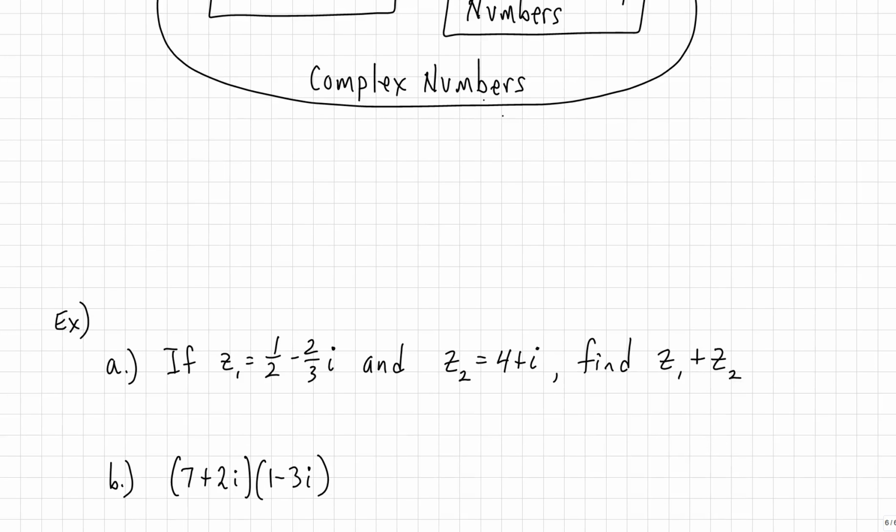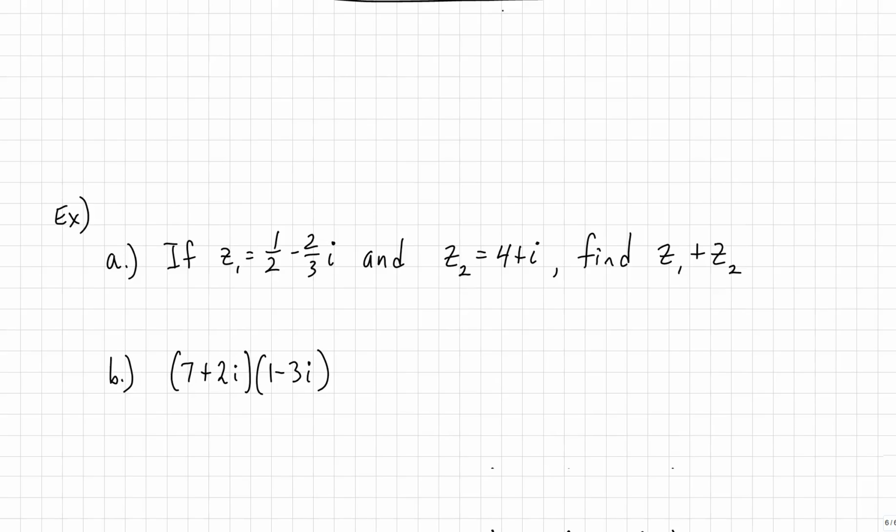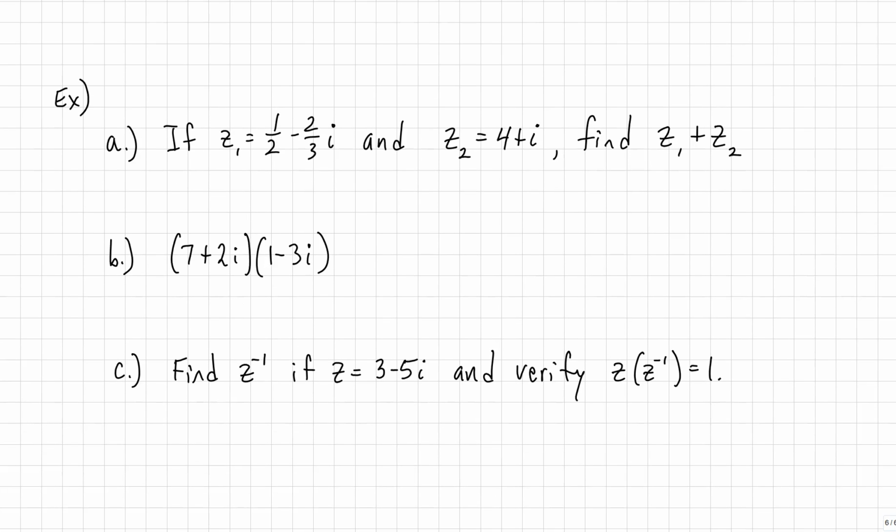All right, well, let's just see some of these things in action real quick. So let's practice with addition. If z1 is equal to 1/2 minus 2/3 i, and z2 is equal to 4 plus i, let's add those together just to see two specific ones added together.